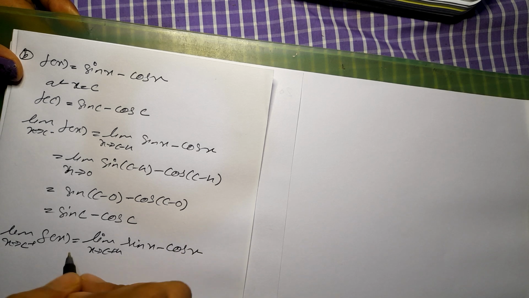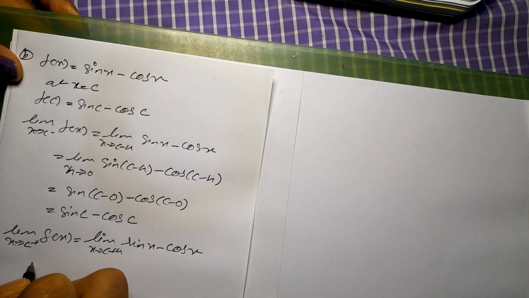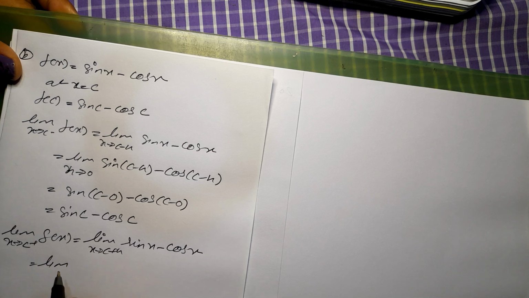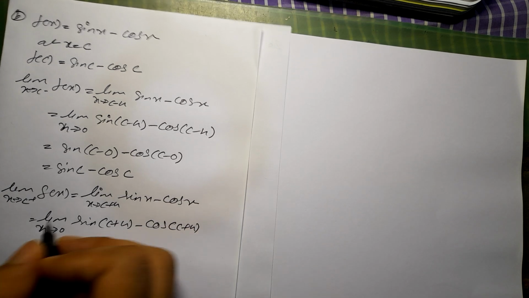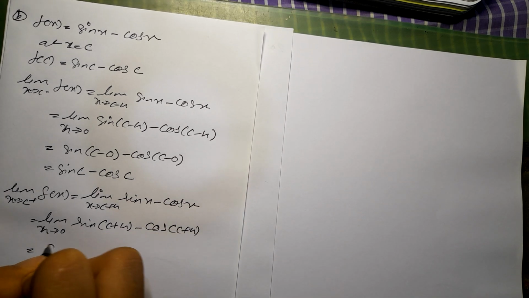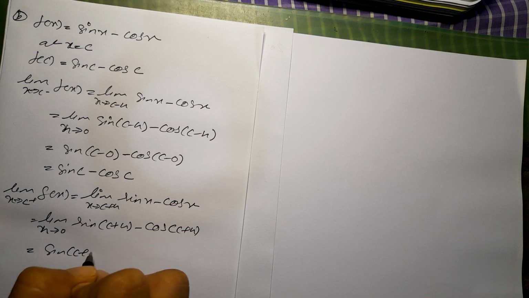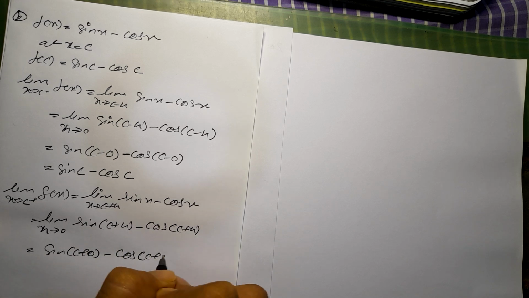Now instead of x it will be replaced with c plus h, that is limit h tends to 0 sin c plus h minus cos c plus h. Now instead of h it will be 0 because h tends to 0, sin c plus 0 minus cos c plus 0. So that is sin c minus cos c.